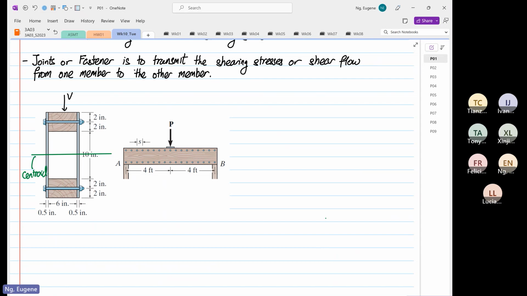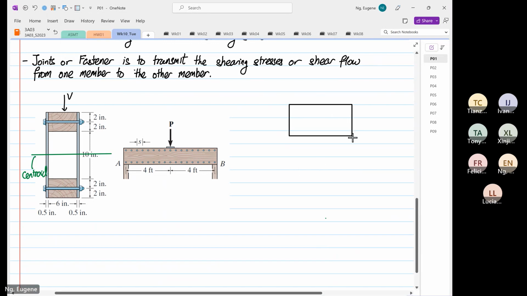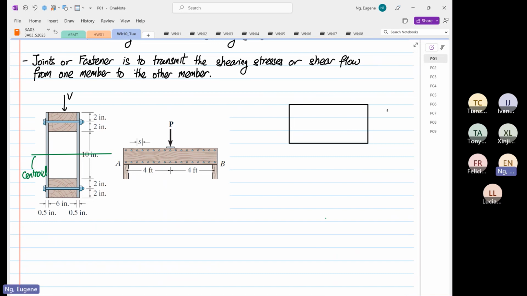I'm going to draw member number 1 first, a bigger view of member number 1, which corresponds to this member number 1.